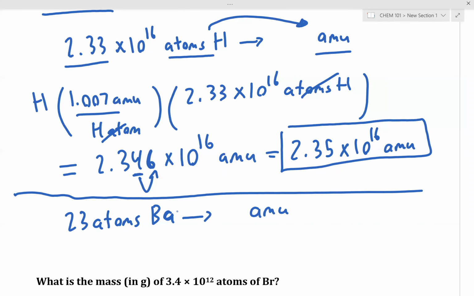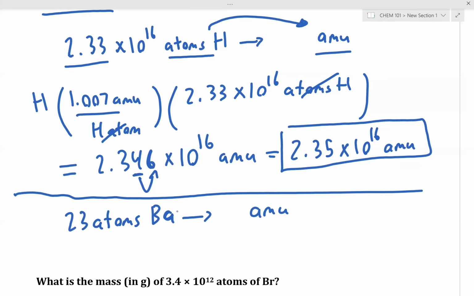Any questions? So when we're going from atoms to AMU, what units need to be on top? And so the number 137, what does that refer to? Yeah, so it has units of AMU per atom, right? So then if we have 23... Yes, exactly. Everything going okay? Yep, looks good.